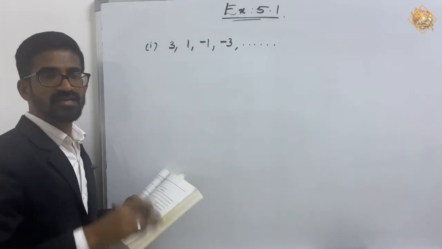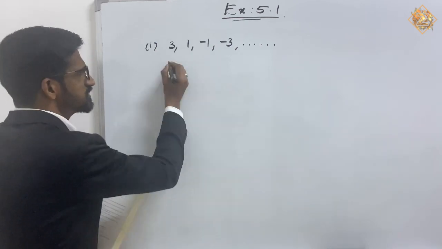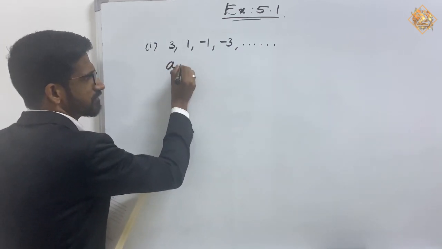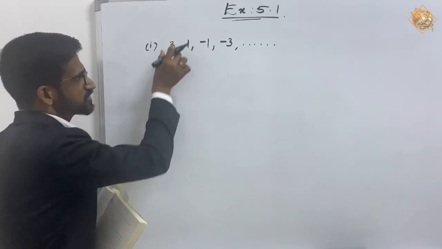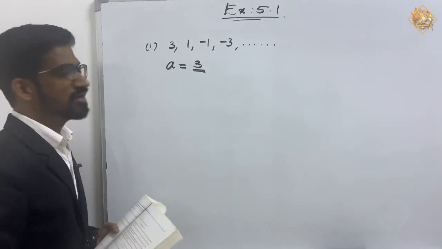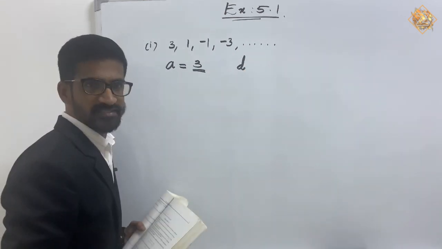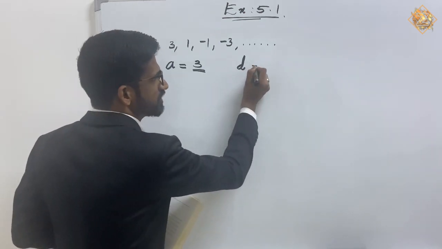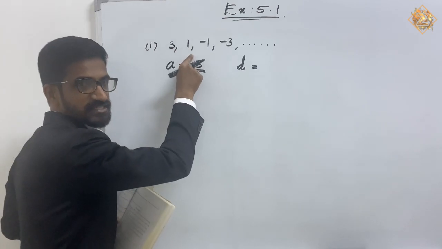What we have to do here is find the first term and the common difference. We know the first term of any AP will be the first given term, isn't it? So here the first term is 3. Half part of the question is done. Now we have to find the common difference, that is denoted by the letter D. To get the common difference, subtract first term from the second term.